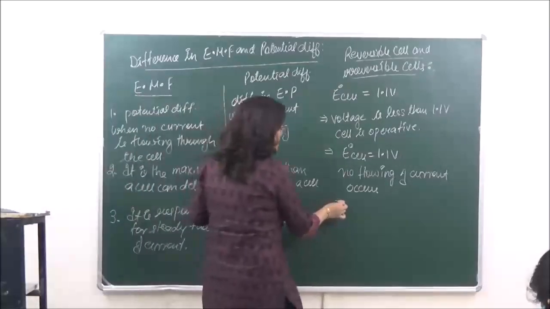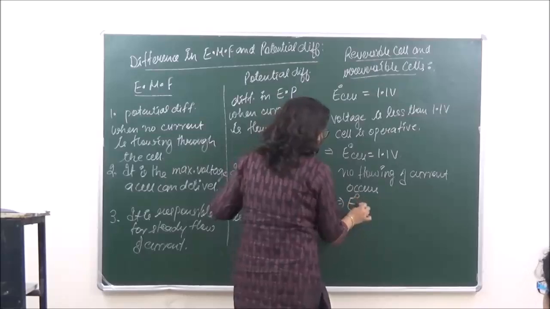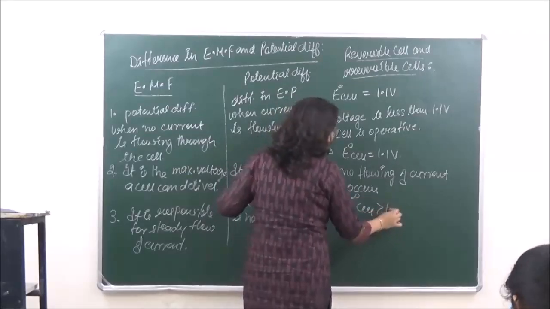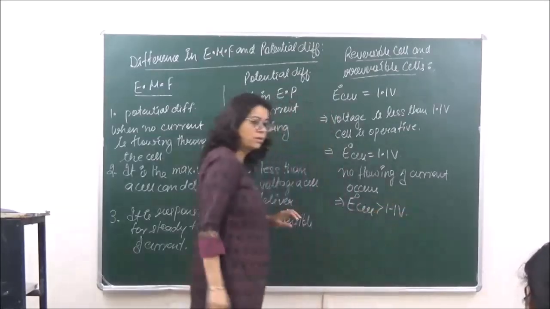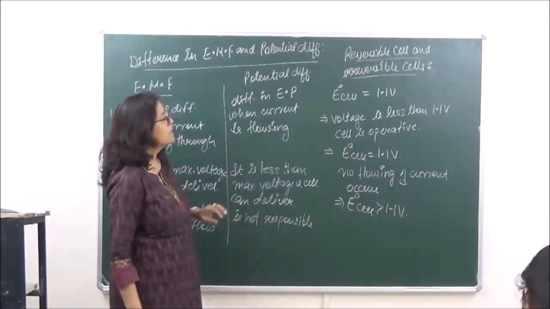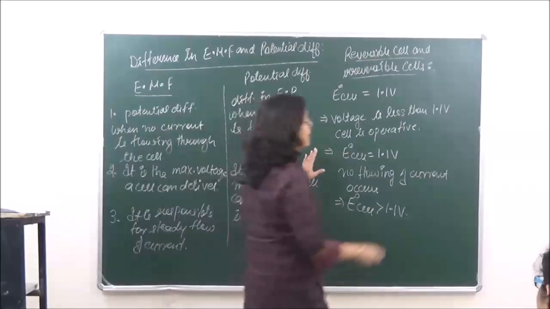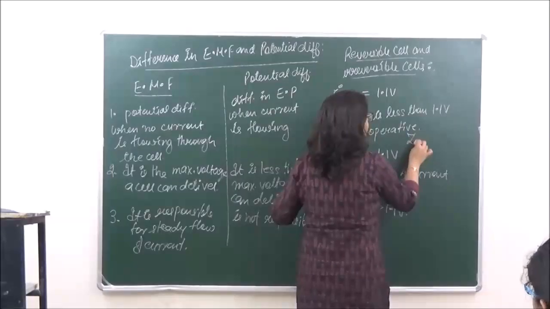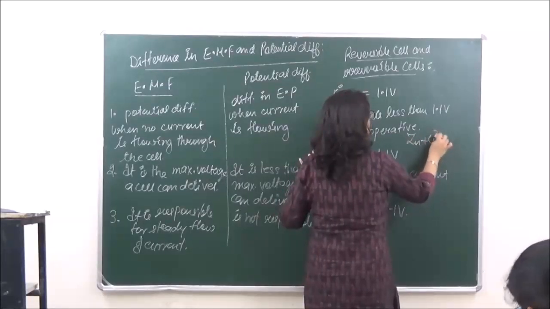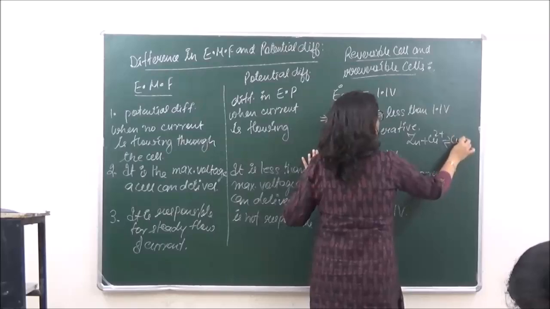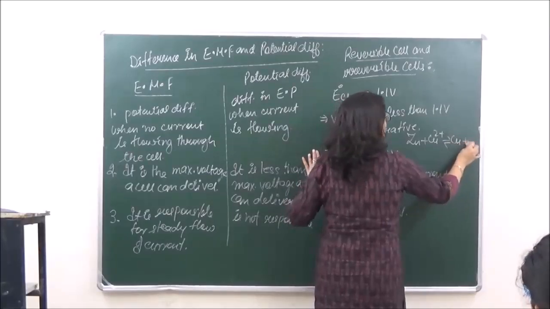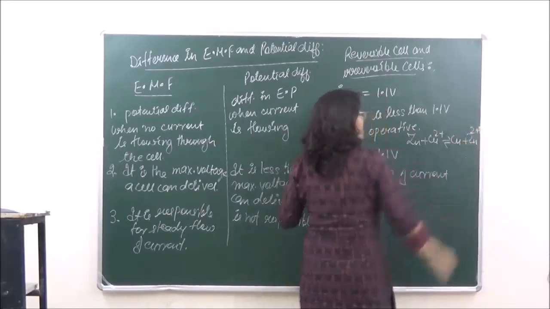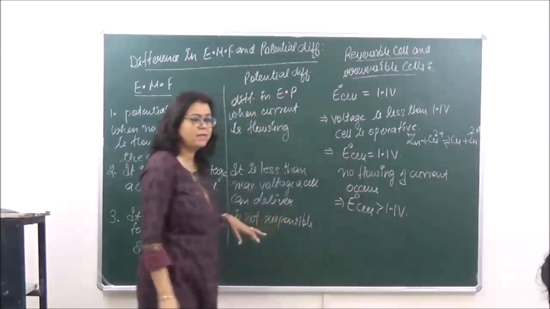When it is less than 1.1 volt, till that time the reaction of the galvanic cell is Zn plus Cu2+ to give us Cu plus Zn2+. This is the reaction which we had done when we were doing the galvanic cell.